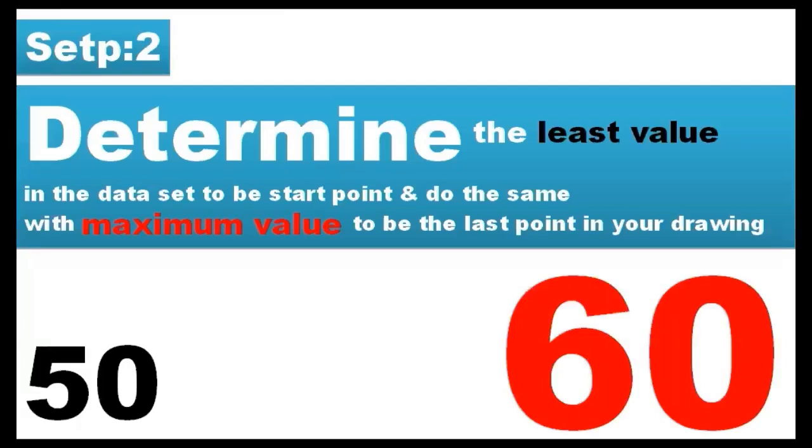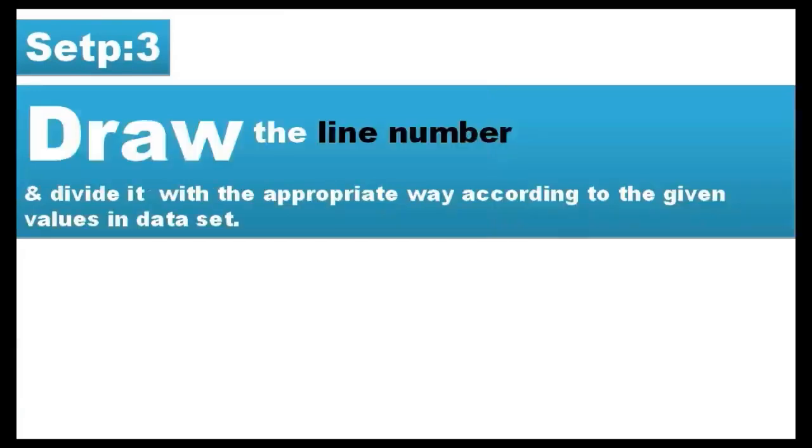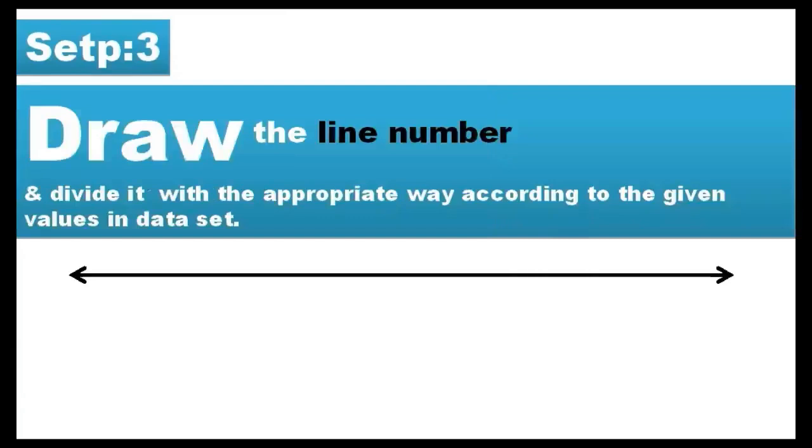Okay? So let's see step number 3. After reading and determining the maximum point and the minimum point, the start point and the end point, you are going to draw the number line. After drawing the number line, you are going to divide it in the appropriate way according to the given values in the data set.